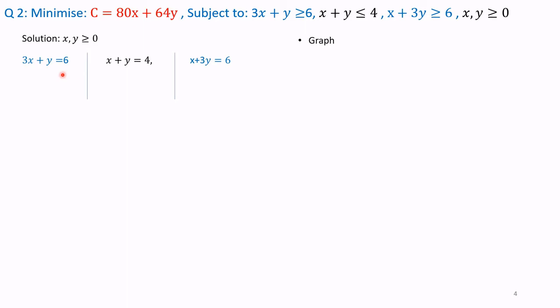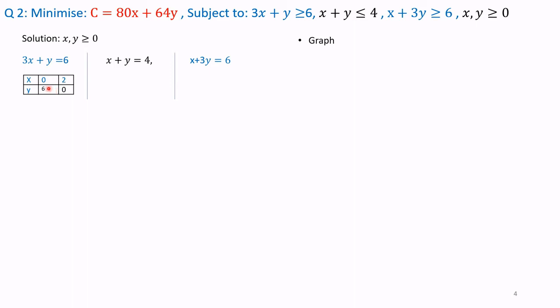First step, we select x as 0 for easy calculation. So in the equation 3x plus y, we put x equal to 0. Then we get y equal to 6, which is written in the second row, second column.